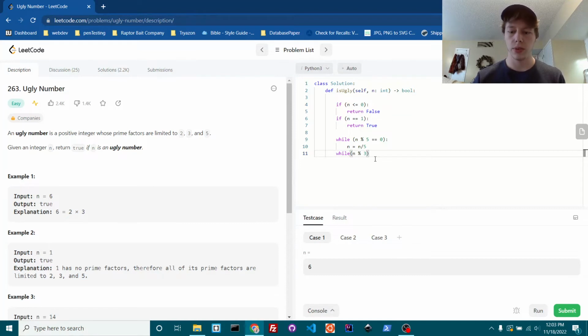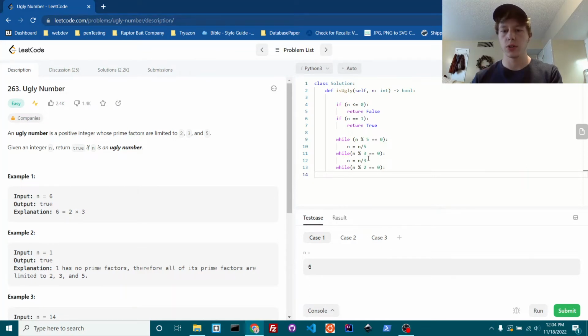So then let's divide it by 3. Once we've exhausted all the 5s, then we'll go through the 3s and divide by 3. Okay, and then we'll finish off with 2s. While n modulo 2 equals 0.